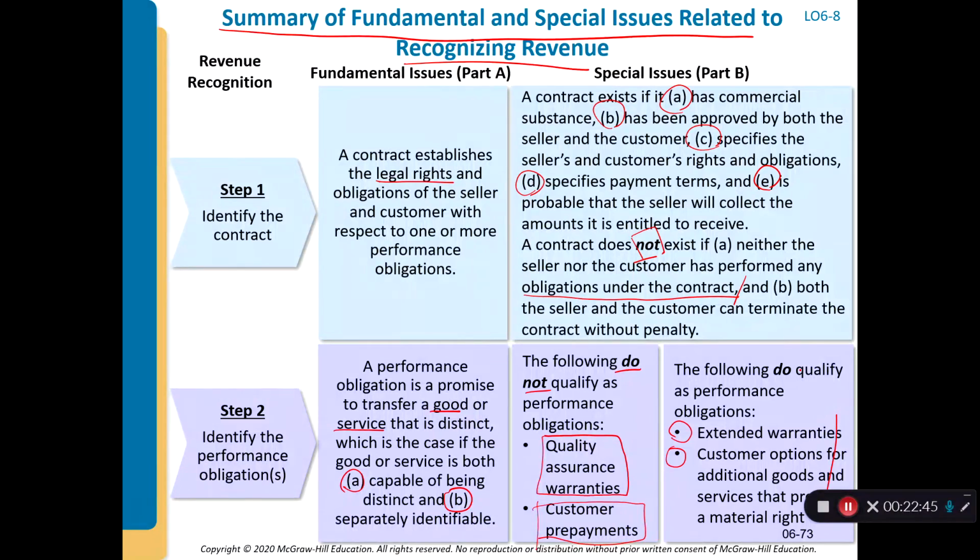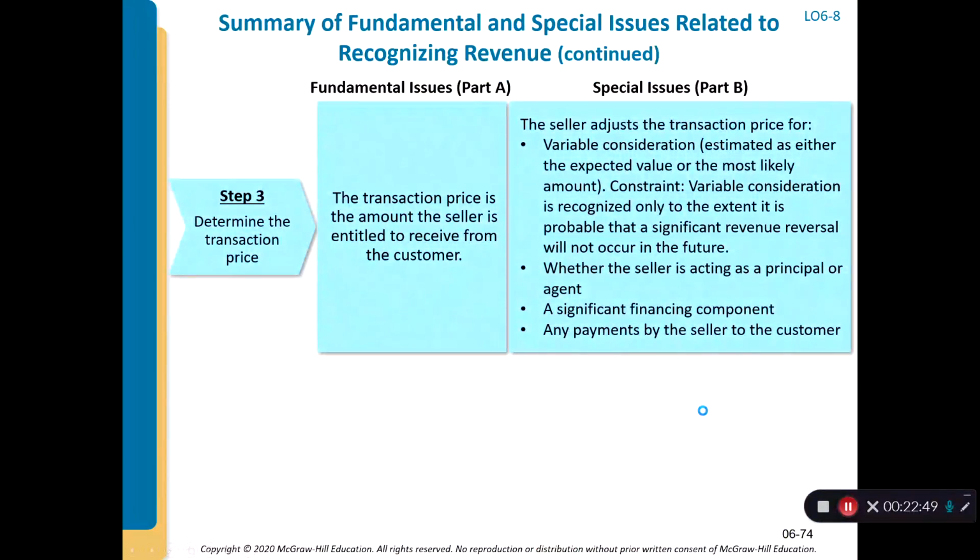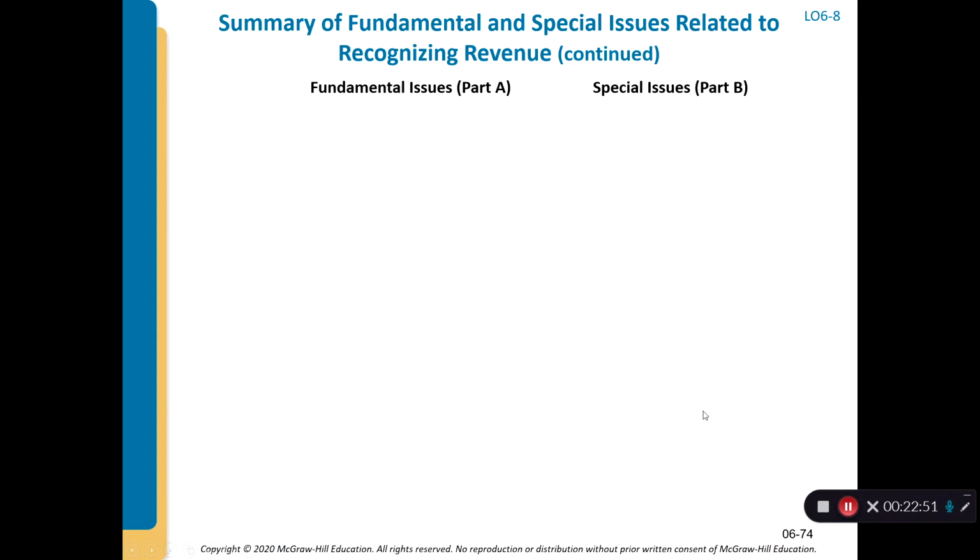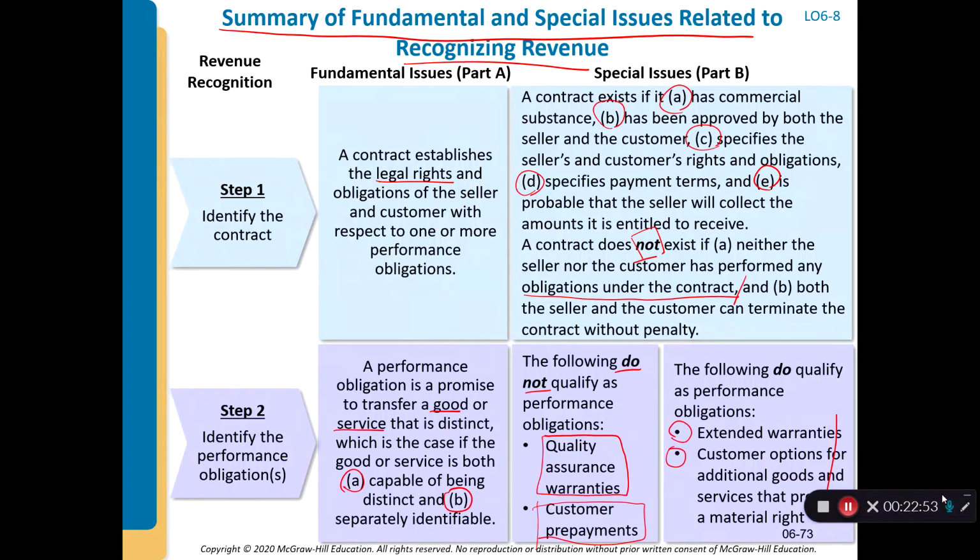This is some sort of arrangement that allows the customer to enjoy certain benefits, right? It's totally optional, and especially the additional goods and services can provide material rights. That's when we have to identify the performance obligation.